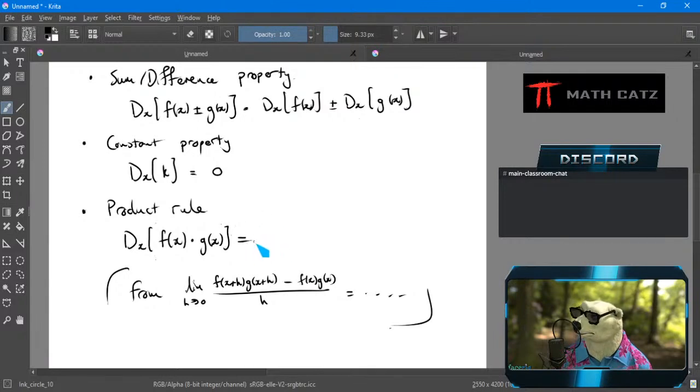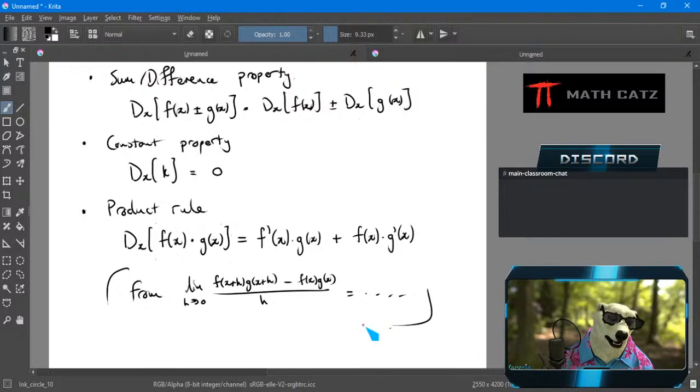So what is it? I'm going to write it in a version that you might see in the book. It's a little nicer to look at it this way, I think, with prime notation. It is the derivative of the first times the second plus the first times the derivative of the second. Not because I want it to be, I don't want it to be, but because it is.